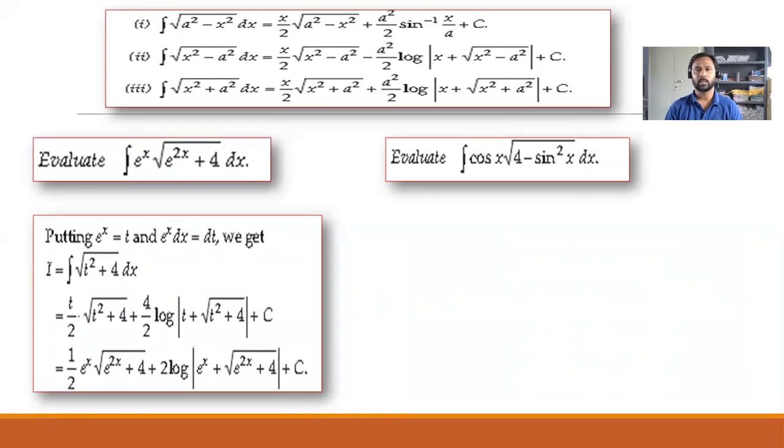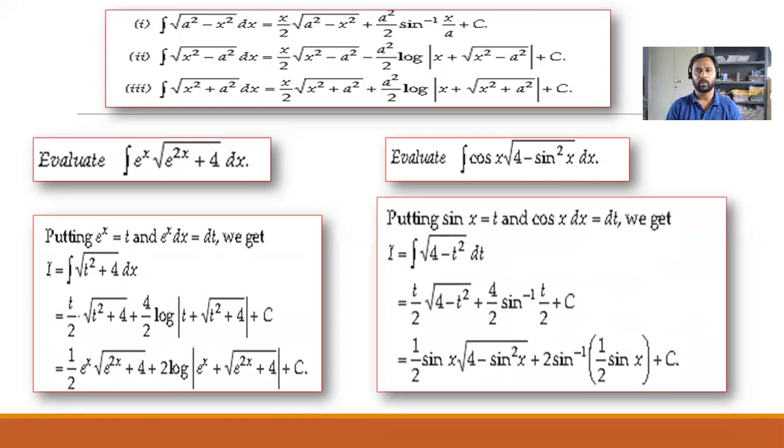Evaluate integral cos x root of 4 minus sine square x dx. By seeing the question itself, you must identify that cos x is the derivative of sine x. So we should start the problem with a substitution. Sine x is equal to t, so that cos x dx is equal to dt. The given integral can be converted into integral root of 4 minus t square dt, which is root of 2 square minus t square dt.